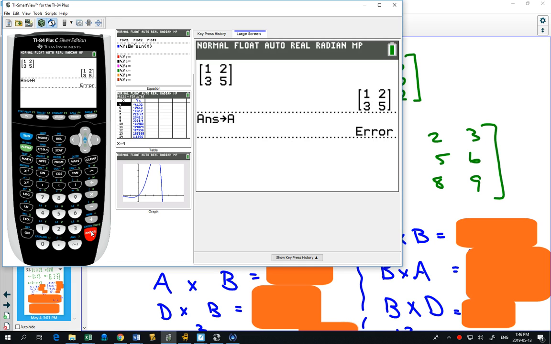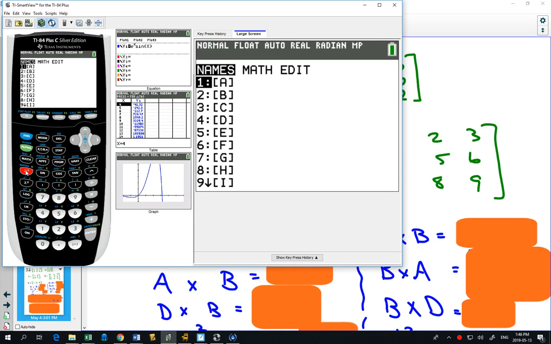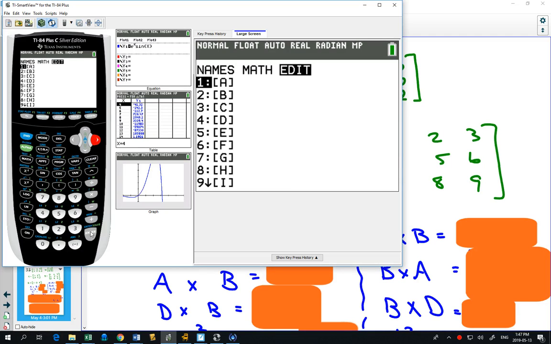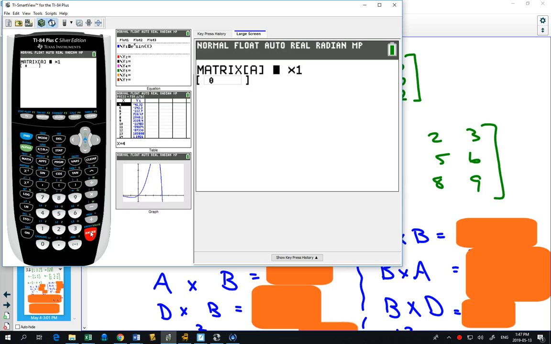Quit. So another place to do matrices is if you look above your x to the minus 1, you see that it says matrix. If you go second matrix there, it has a bunch of matrices available for you to name. And so matrix A, I can go over to edit and push enter, and I can type in matrix A. Now, how big was our matrix A?